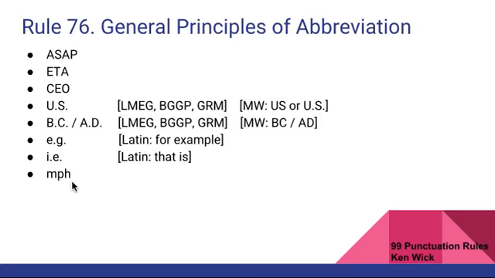I think the book and the ebook have a few more examples. But here are some examples of capitalized and lowercase abbreviations. And like I said, most of the time the uppercase has no periods, and the lowercase does have periods, but there are, as you can see, exceptions. That's just generally true.